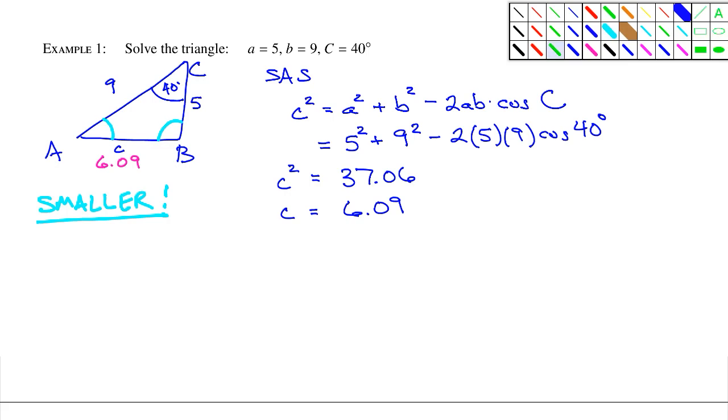We know that angle A is across from the side that measures 5. Angle C, which is 40 degrees, is across from the side that measures 6.09. And angle B is across from the side that measures 9.